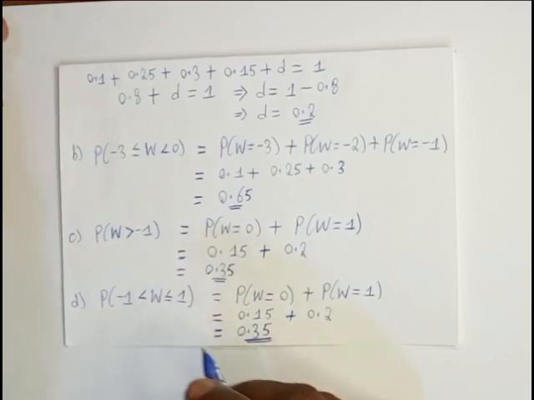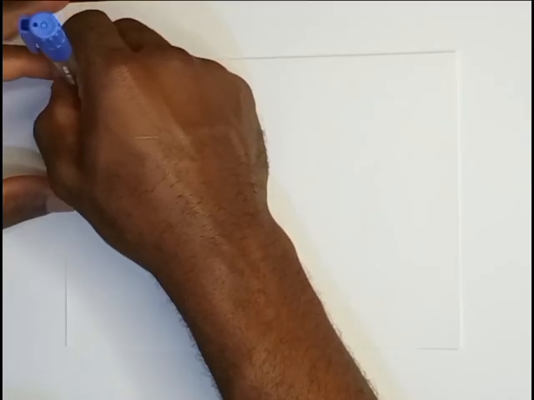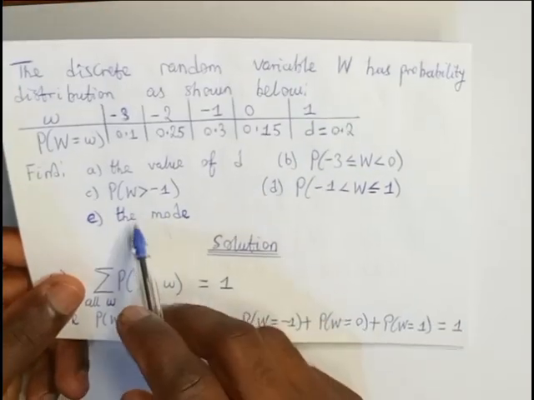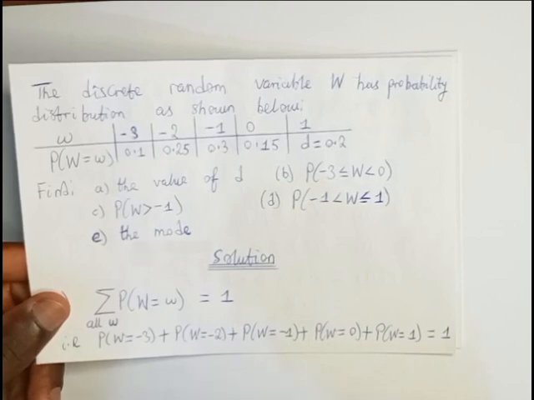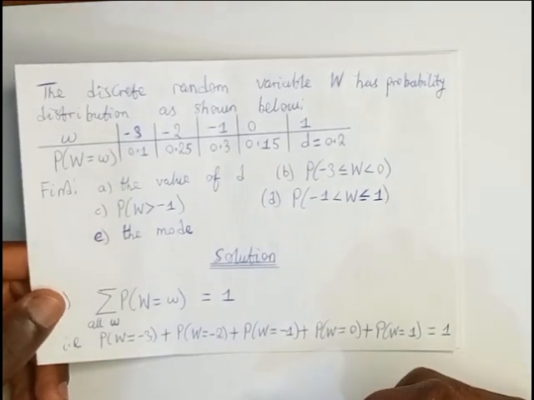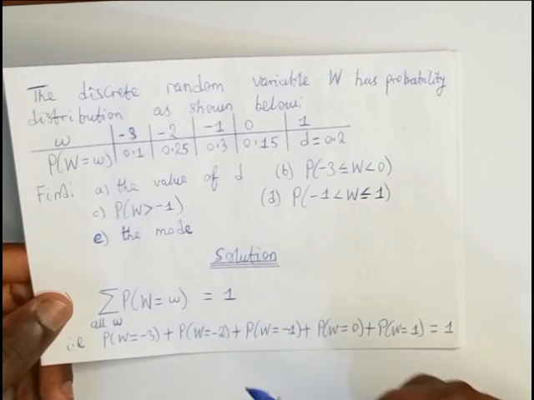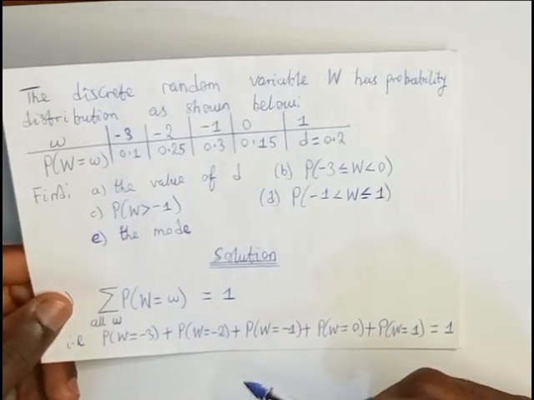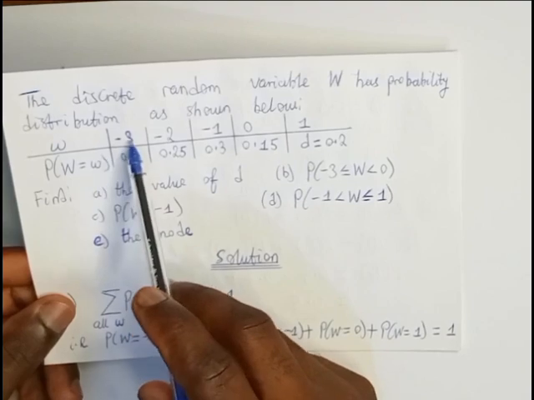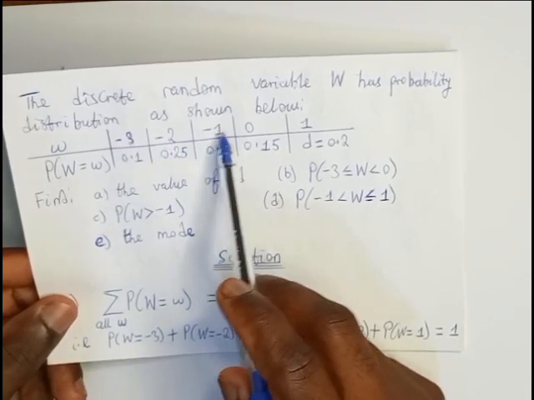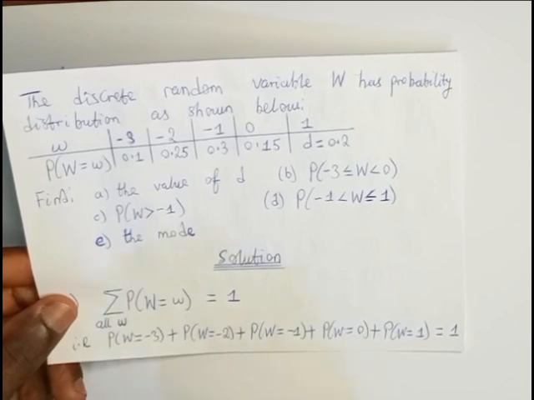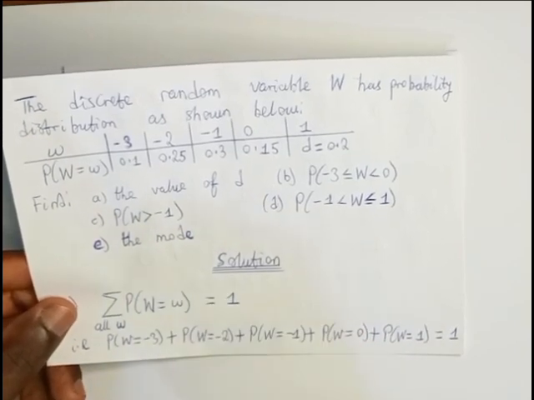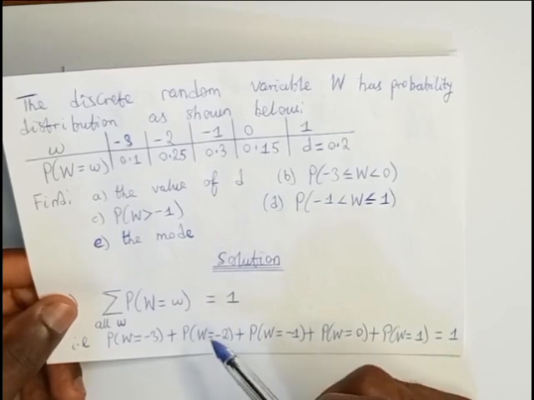Move now to question E. For question E, we have to find the mode. The mode, that means which of the outcomes is more likely to occur. These are the outcomes. You have -3, -2, -1, 0, 1. That means you're going to take the outcome with the highest probability.